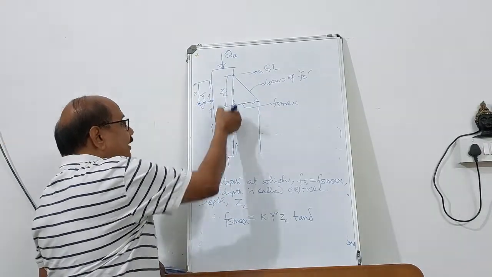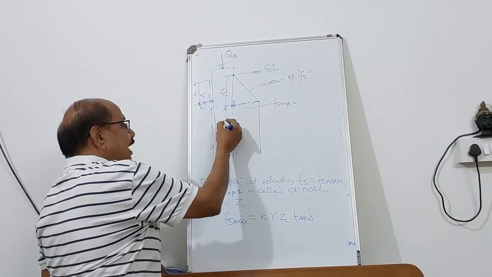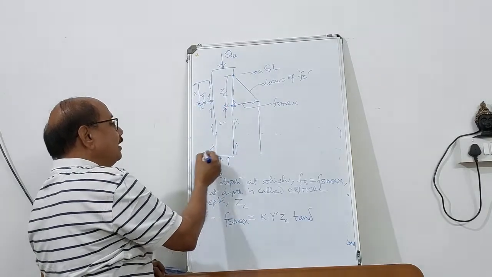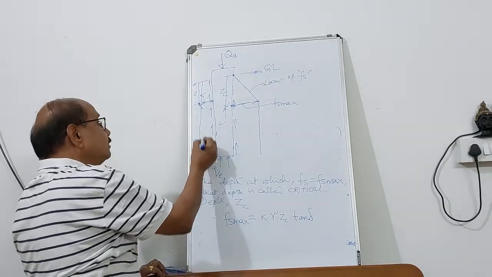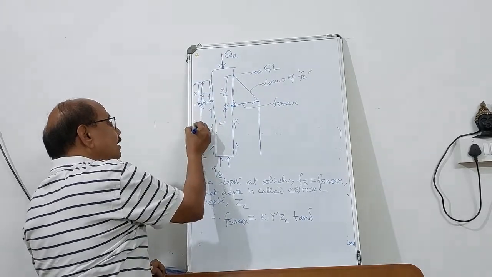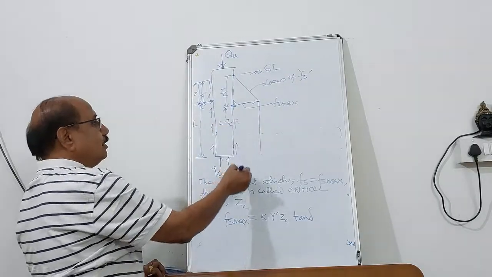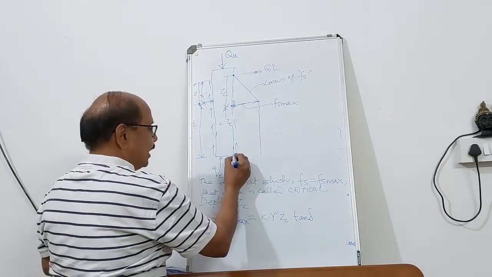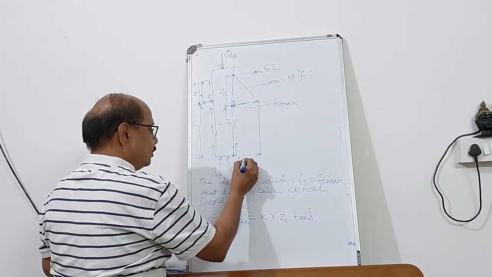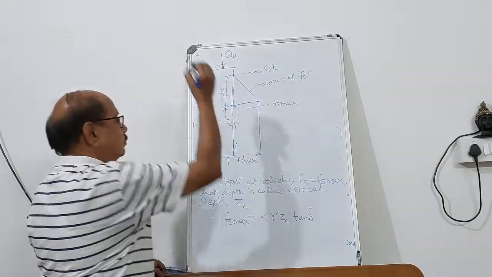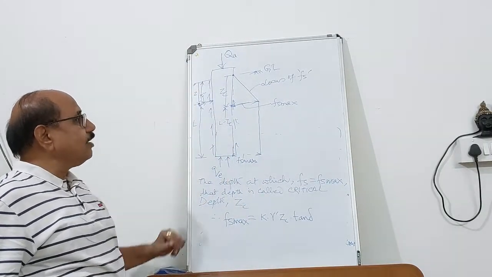And beyond Z critical, for this depth, L minus Z critical, where L is the total length of the pipe, the value remains same. So it remains Fs max. So the concept of Z critical, you have understood it.